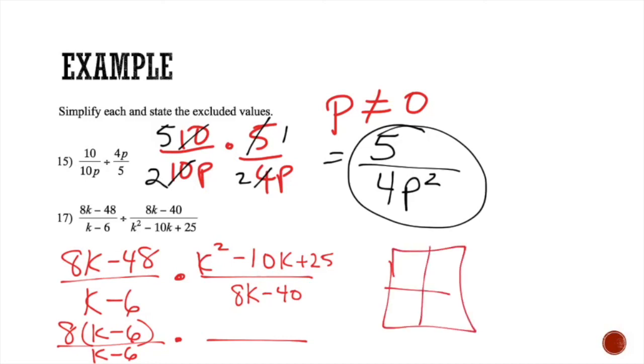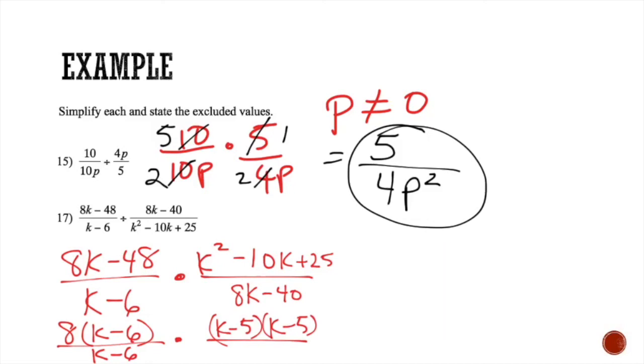I got k and k, and I've got negative 5 and negative 5, okay. So you could write it squared, or you can write it k minus 5. I think I like k minus 5 both times. What about your 8k minus 40? 8 times k minus 5. Okay.